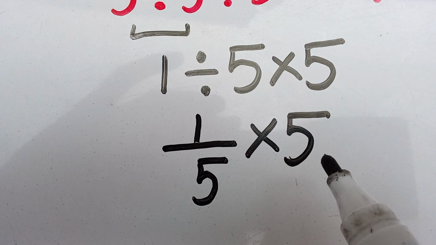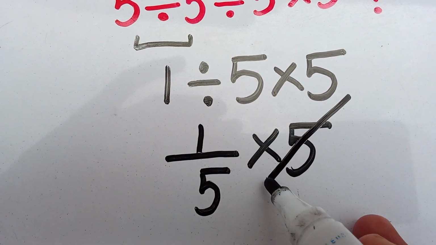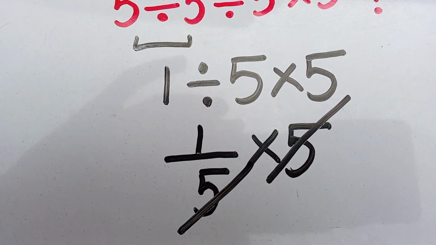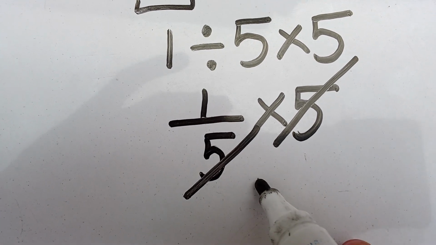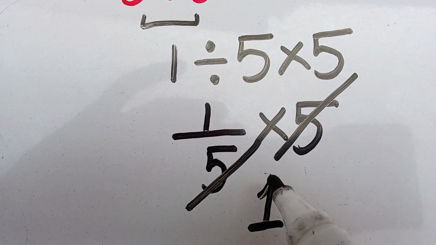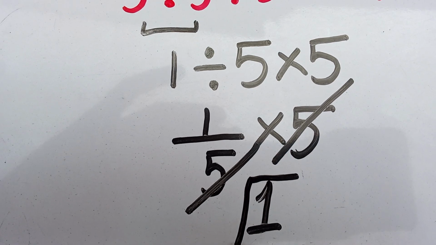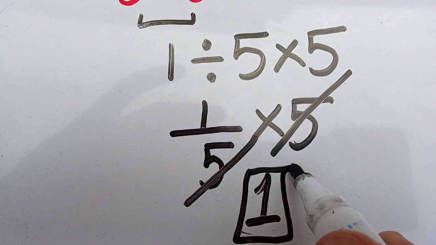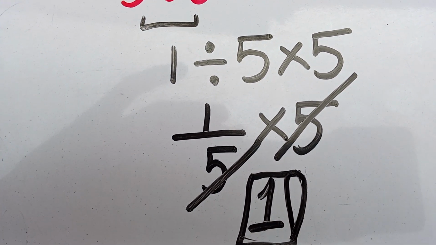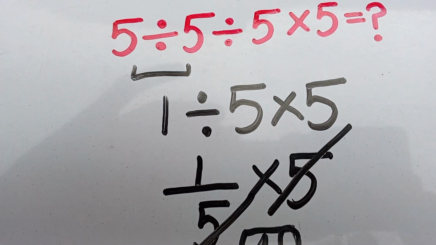Okay student, so 5 and 5 cancel with each other and the final answer of this expression is equal to 1.